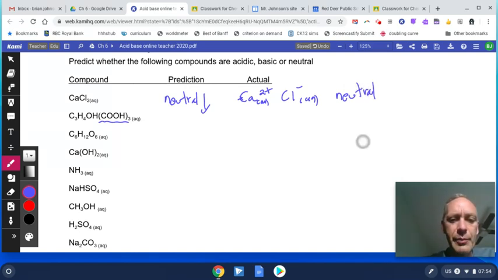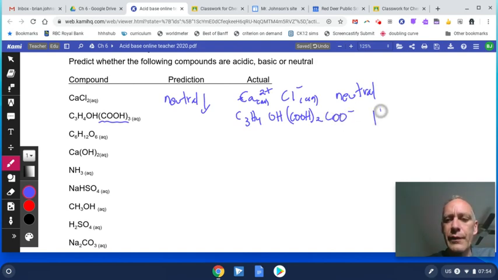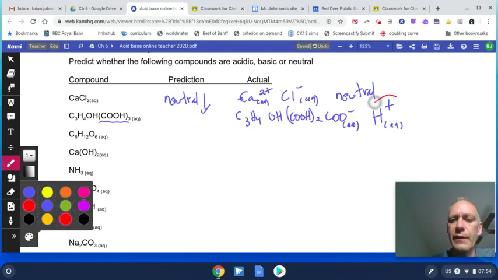Because when it breaks apart, we get CH3COO minus, and the last one breaks off an H plus. There's the acidic part.